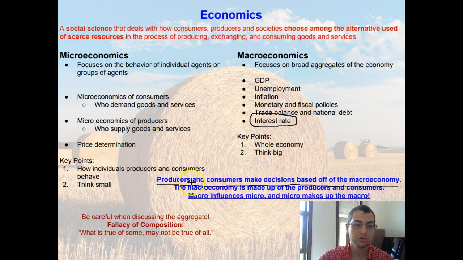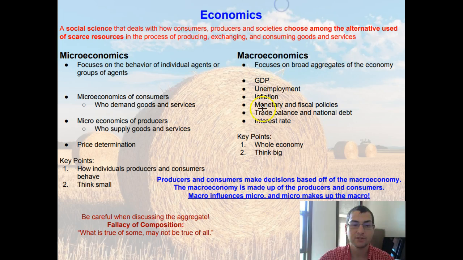So this producer's decision was based off of the macroeconomy. Or if the interest rate was really low, they would have been able to buy that tractor. So producers and consumers often make decisions based off of the macroeconomy. On the other side, the macroeconomy is made up of all the producers and consumers. If all of the producers begin to change, it's going to change the macroeconomy.